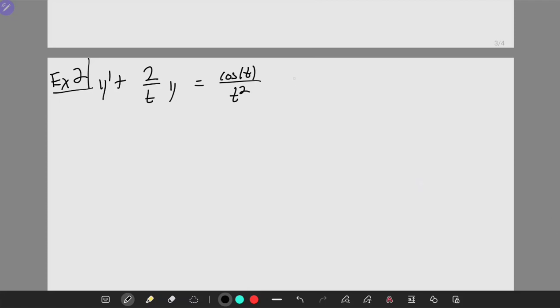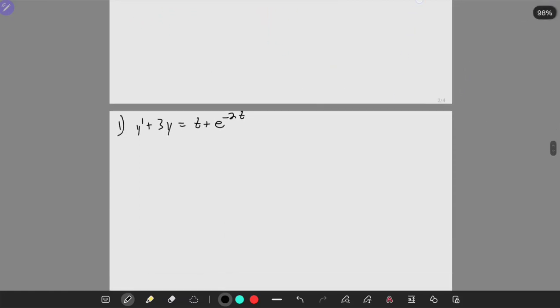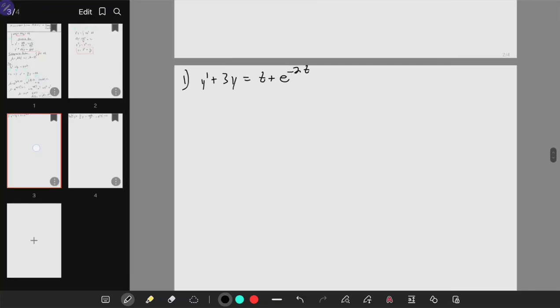I forgot the initial condition. Okay, so we're given y of pi is equal to 0. So if you look back, hold on, let me fix this order here. Let me move this down.